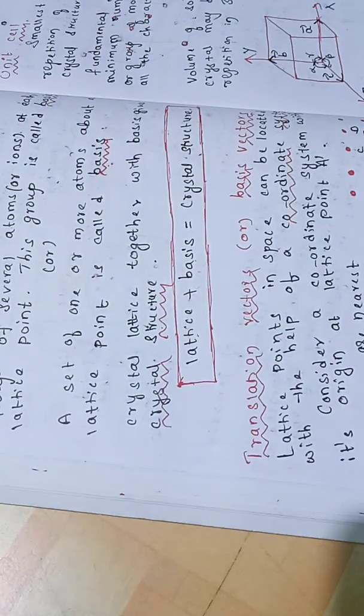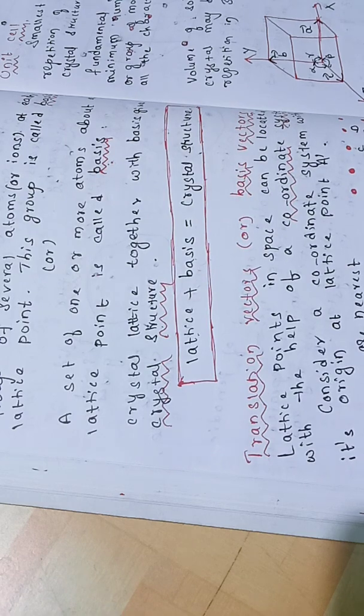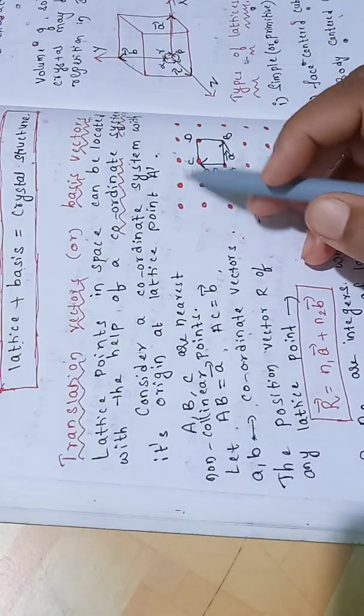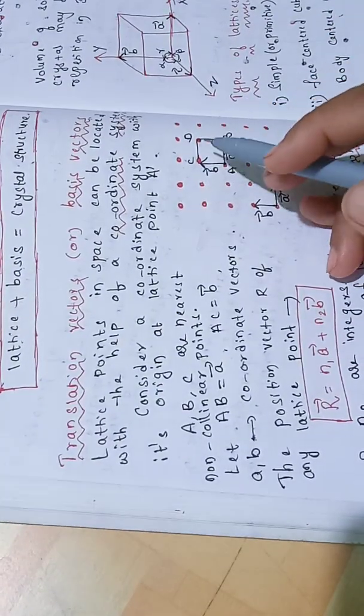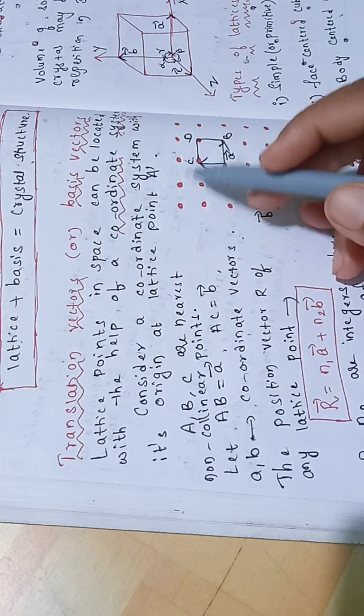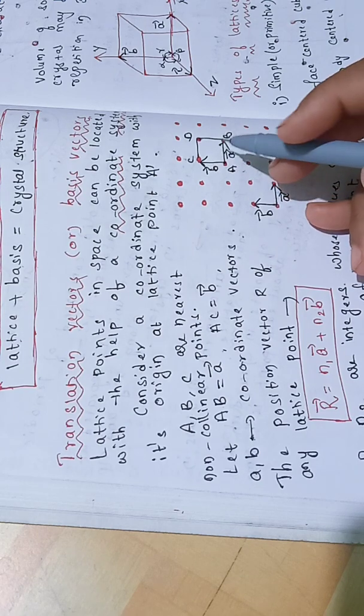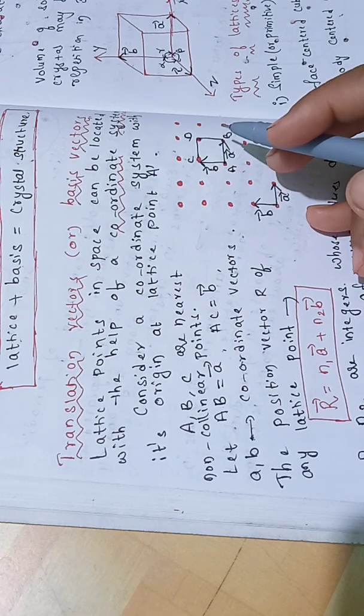Now next, let us move to the translation vector or basis vector. These are the lattice points. How to locate these lattice points? With the help of a coordinate system we will locate these lattice points in space.